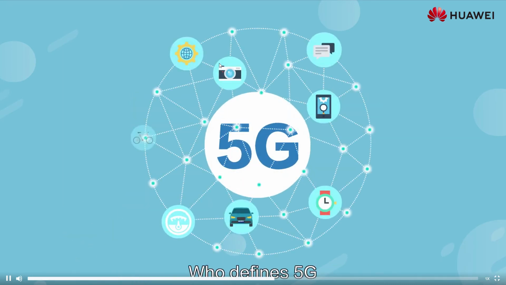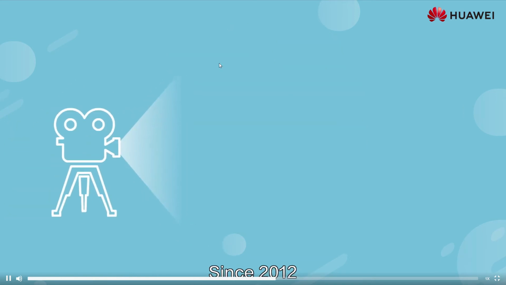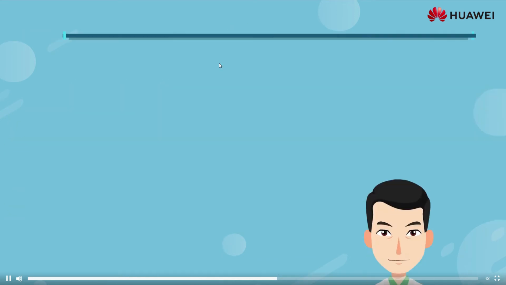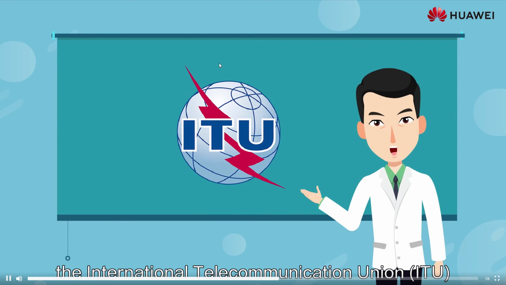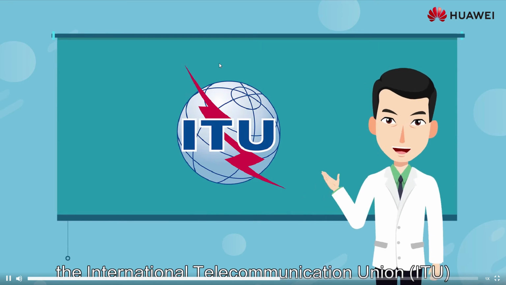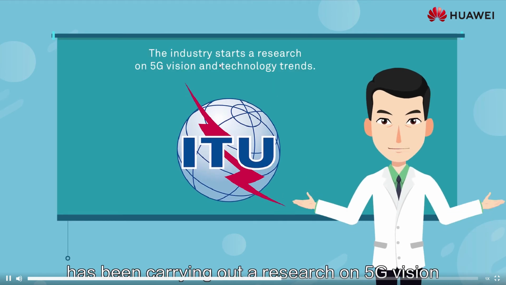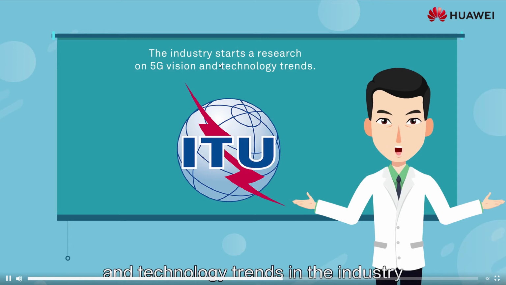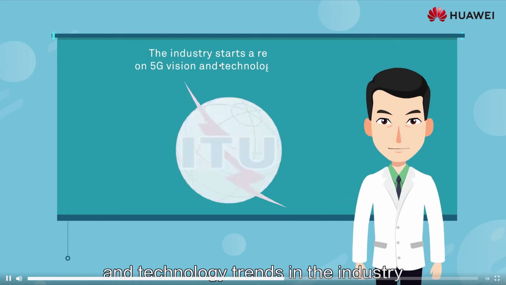That is, the fifth-generation mobile communication system, or 5G. Who defines 5G? Since 2012, the International Telecommunication Union, or ITU, has been carrying out research on 5G vision and technology trends in the industry.